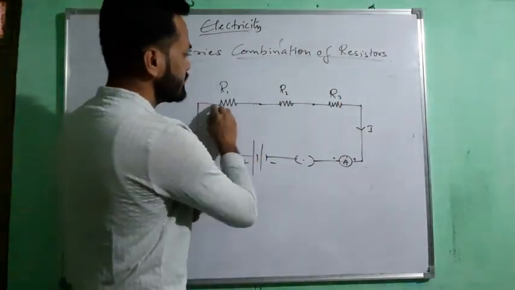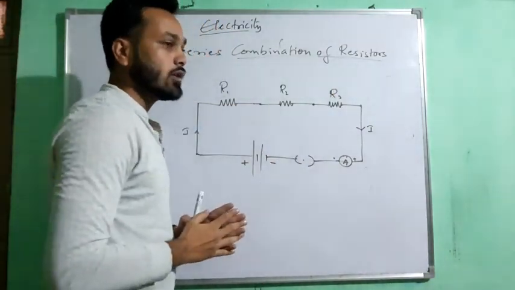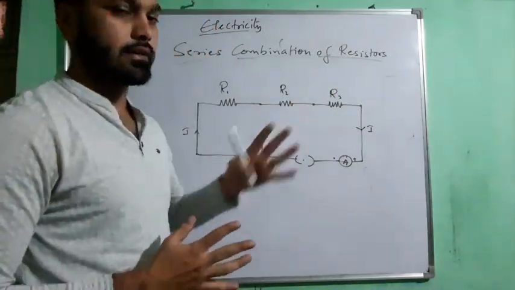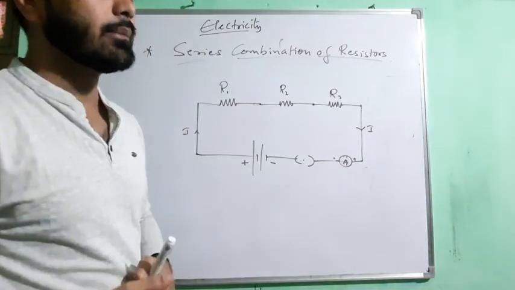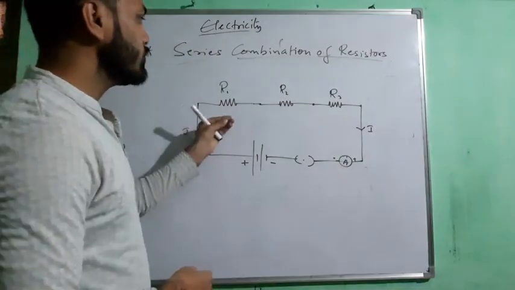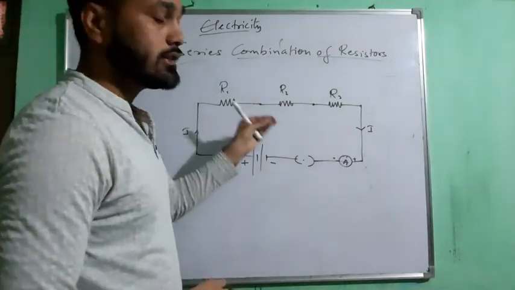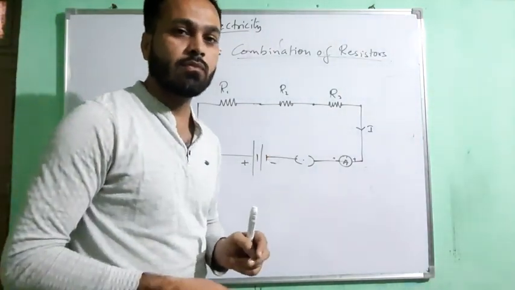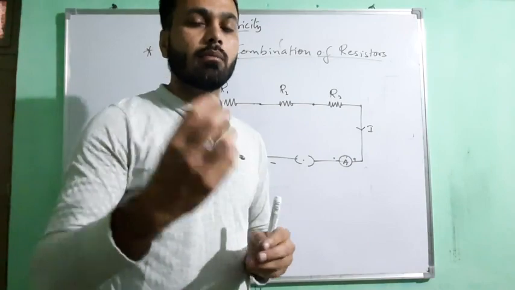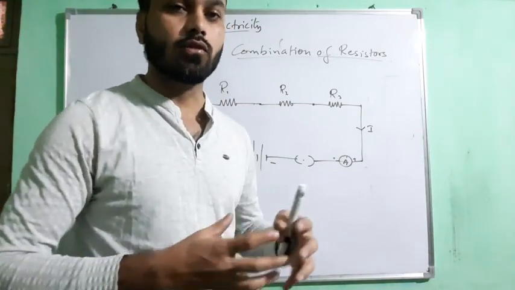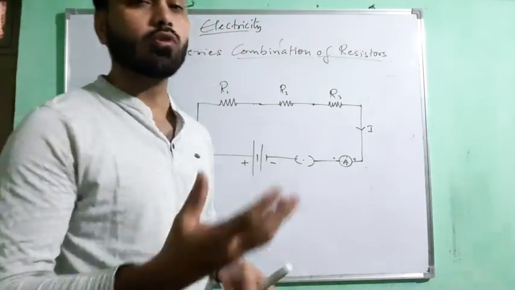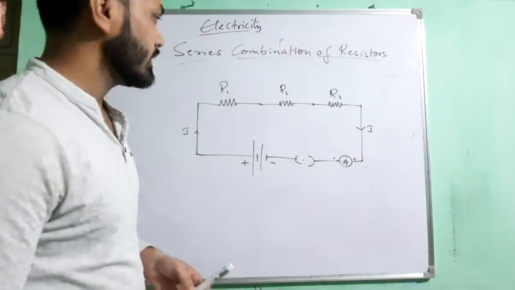So the same current flows through R1, R2 and R3. What I mean to tell you is, whenever you find a number of devices, appliances or resistors in series, remember that the same amount of current flows through each of them, since there is no other pathway.